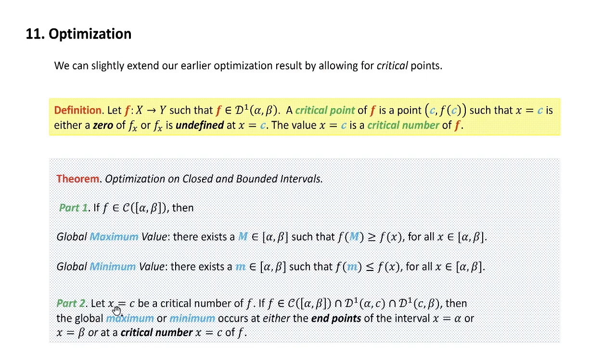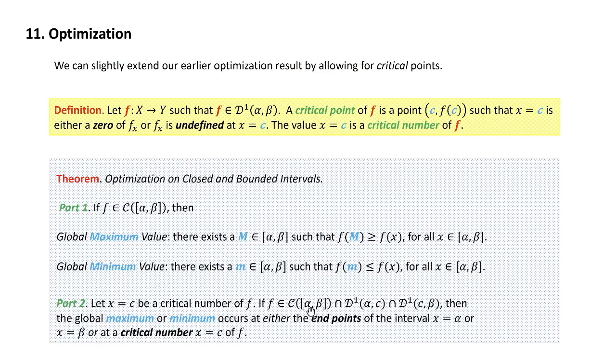C is a critical number of this function, meaning the derivative is either 0 there at x equals C, or the derivative is undefined there. So if the function now is continuous, and differentiable everywhere except for that critical point, because it may be undefined there, so the derivative may be undefined there.